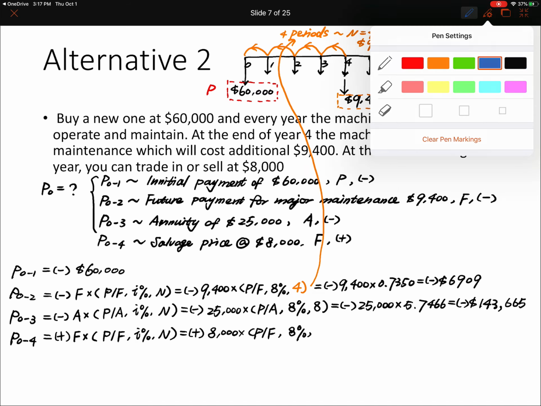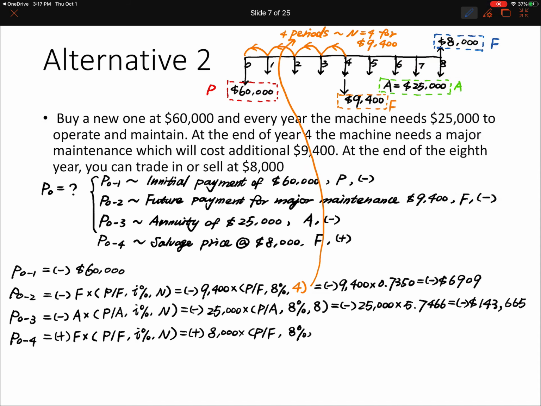It's 8, okay? So now you have to jump how many times? 1, 2, 3, 4, 5, 6, 7, 8, okay? So now your number of periods, the n, is going to be 8.